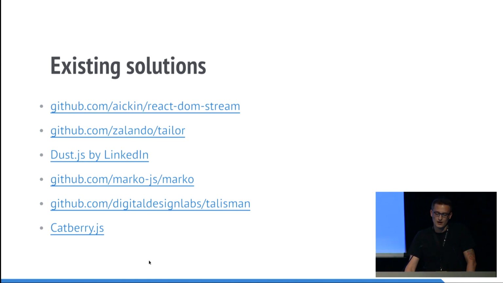I've seen that some enthusiast works on React DOM Stream, which is a library that makes it possible to render the virtual DOM on the server as a stream in chunks. But I'm not sure about this. Is the library stable, or is there any problem with that? I would recommend you check it out on your own and see if it works.